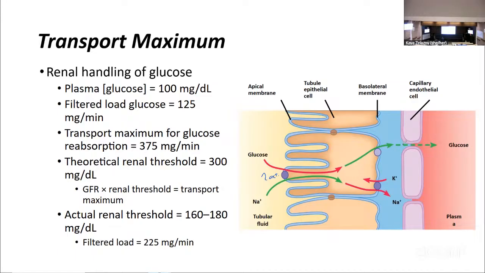We just multiply our amount of glucose or any other substance in the plasma times that glomerular filtration rate, so times the amount of fluid, basically, that's carrying that solute through, which is how we get to a filtered load for glucose of 125 milligrams per minute at that 100 milligrams per deciliter value, because we had 100 milligrams per deciliter, which we convert to milligrams per milliliter, multiply it by our 125 milliliters per minute, which was our typical glomerular filtration rate, to get this 125 milligrams per minute, our filtered load of glucose.